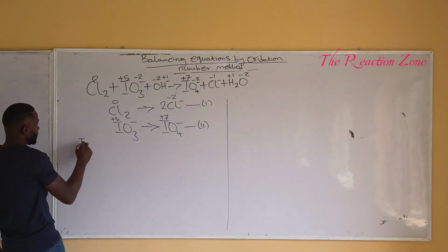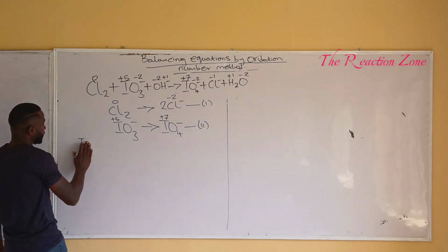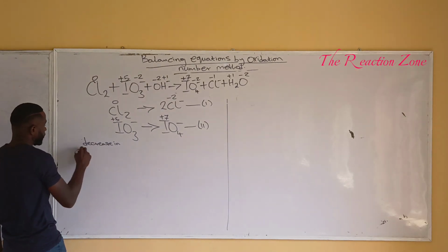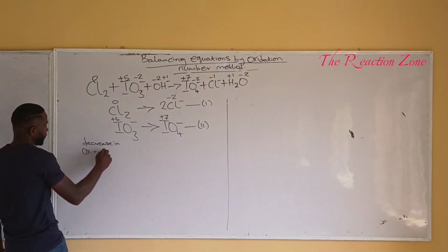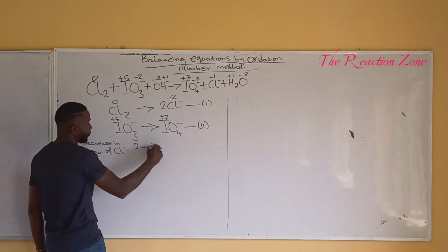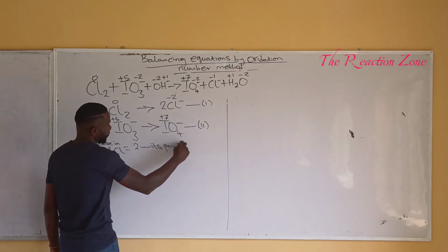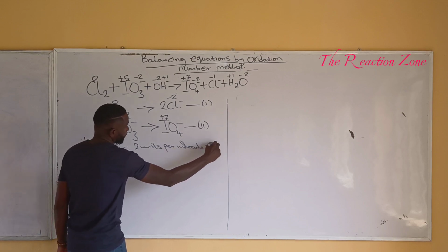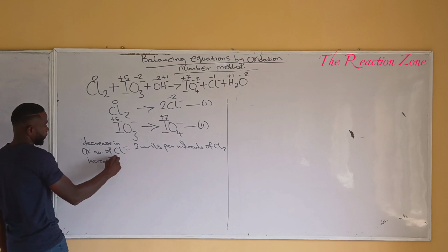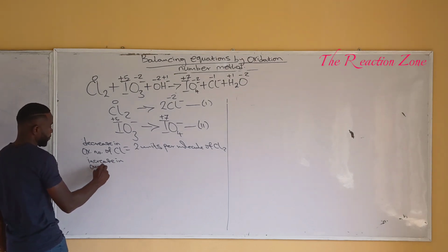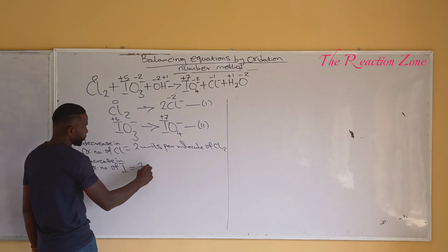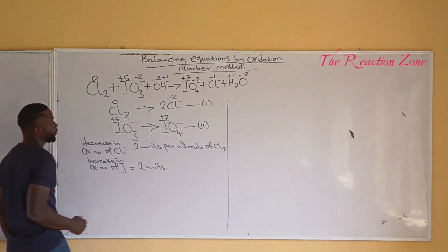So we can state that the decrease in oxidation number of chlorine is by 2 units per molecule of Cl2, and the increase in oxidation number of iodine is simply 2 units as well.